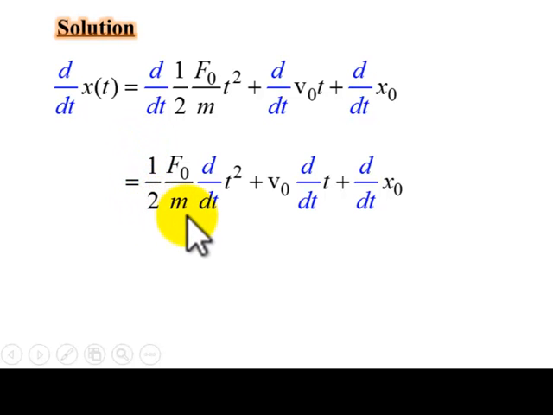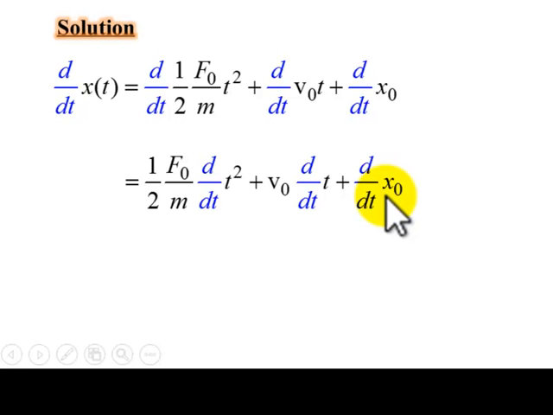What is left inside is d dt of t squared. For the second term, we have the constant v0 times d dt of t. The last term can be kept just the way it is, keeping in mind that x0 is a constant.